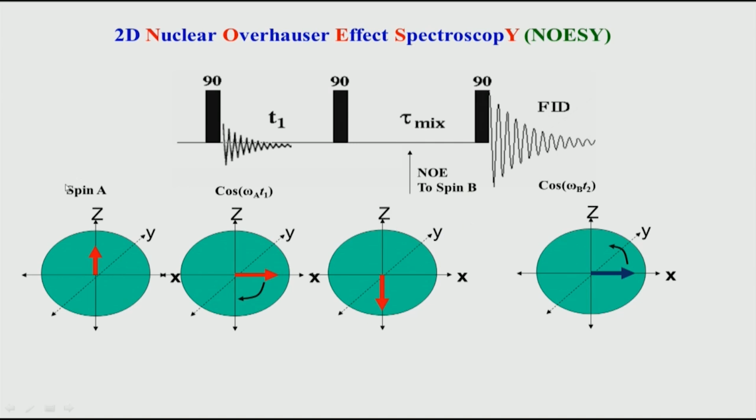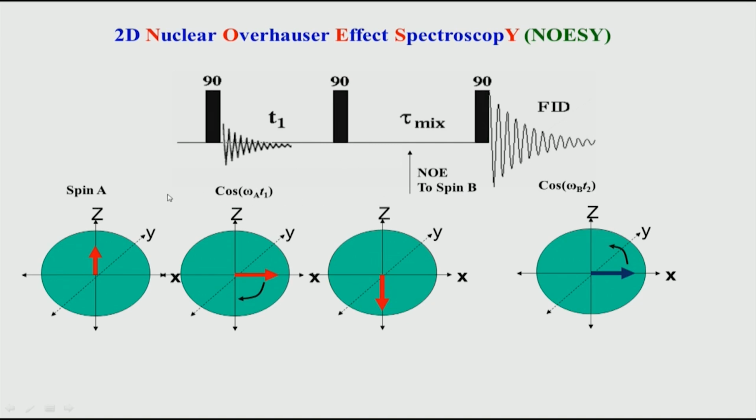Then anything I do with the spin A population will be communicated to spin B. So, the population of spin B is also affected. Whatever is the population of A has been transferred to B. So, whatever is the chemical shift of A also gets transferred to B.